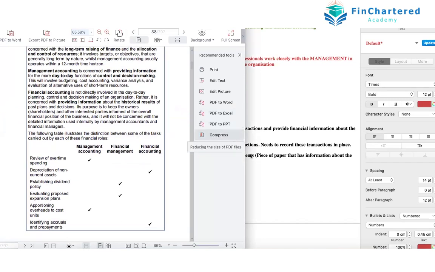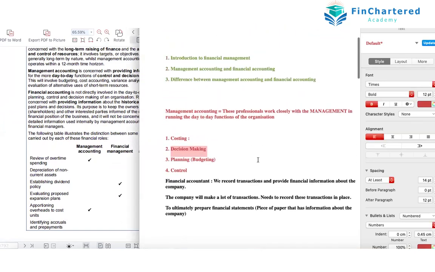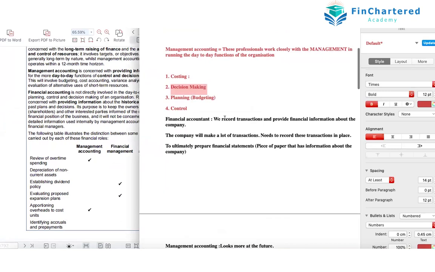But in financial accounting, what happens? I said you record transactions, correct? It is historical in nature, things about the past. Anjana, that's absolutely right. When you record a transaction, you will record a transaction that has happened. I'll not say, in 2044, I'll buy a car and I'm sitting and recording that.